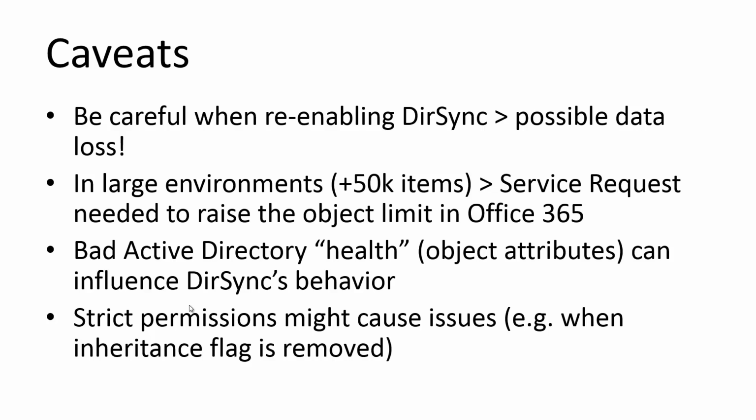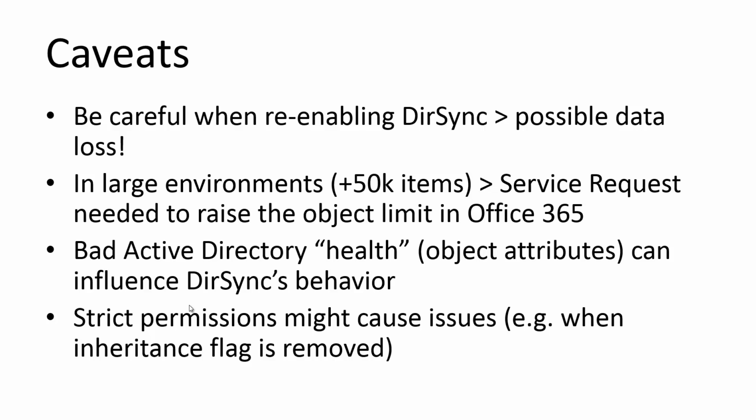If you have a large environment, before doing a directory synchronization, open a service request to allow more than 50,000 objects in your Active Directory in Office 365. Look out for bad health. As I said earlier, object attributes can heavily influence how DirSync is behaving.